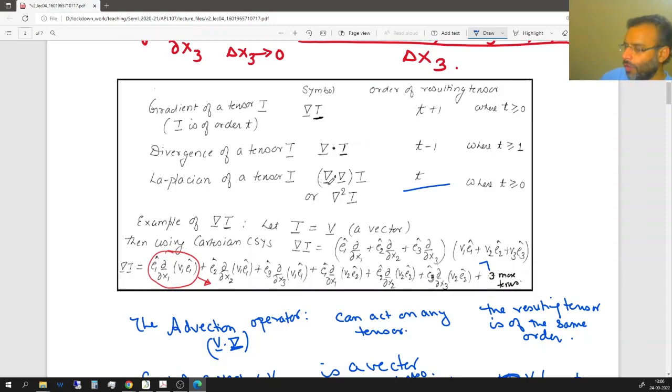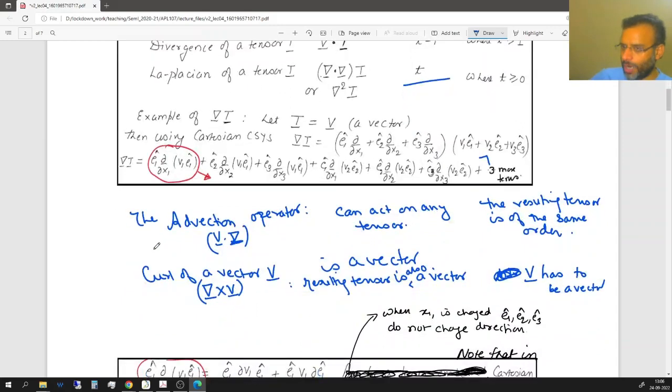That involves first letting the del operator dot with itself, which becomes another operator, and then that operator acts on my tensor t. The resulting tensor, the Laplacian of t, will have the same order as the original tensor, and it is viable to take the Laplacian of a tensor of any order.